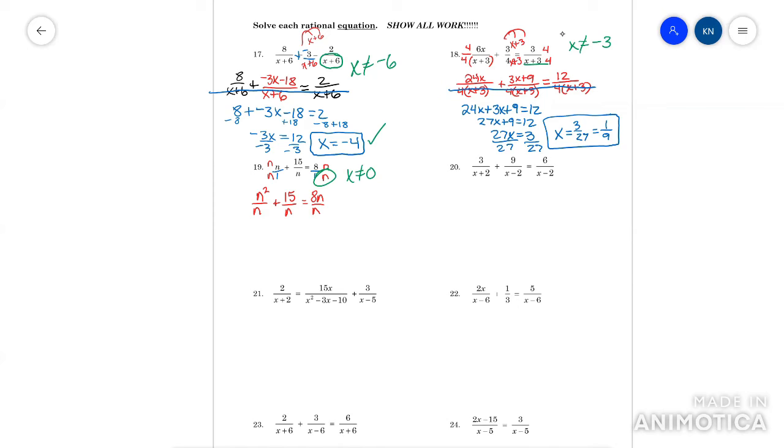All right, now that the denominator is the same, you can ignore it and just solve n squared plus 15 equals 8n. This is a quadratic, and when you're trying to solve a quadratic, generally you want to make it equal to 0 so that you can factor it.